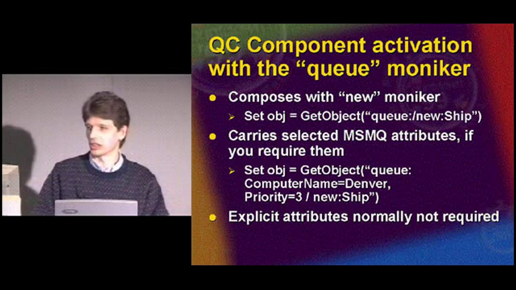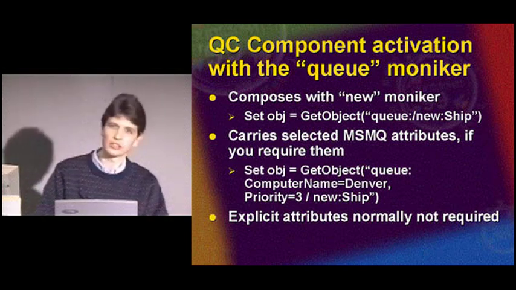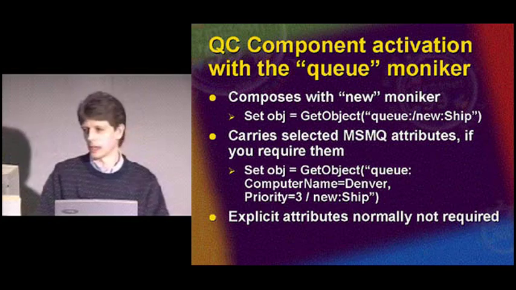The new moniker, when composed with the queue moniker, returns the class ID of the component to the queue moniker, and the queue moniker then instantiates a recorder, checking the type library of that class ID and generating a recorder which implements the interfaces defined by that object.